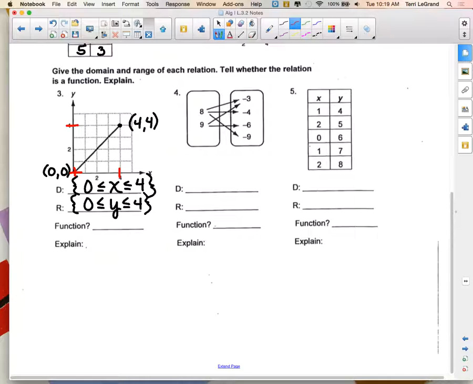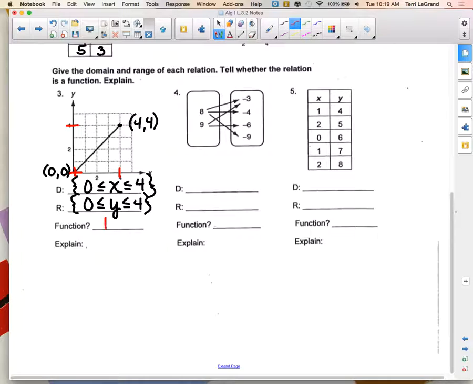Okay, is it a function? Yeah. Okay, why? Because each domain has only one. Each x value on that line has only one range value.